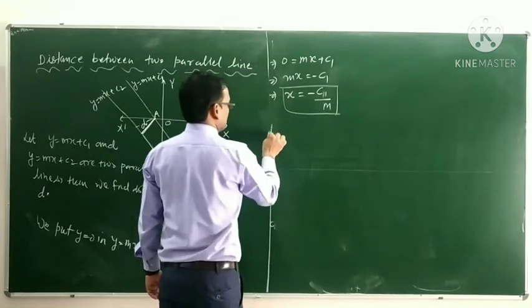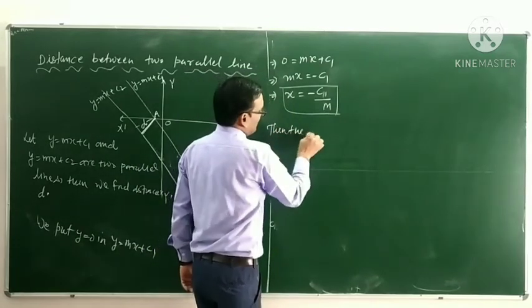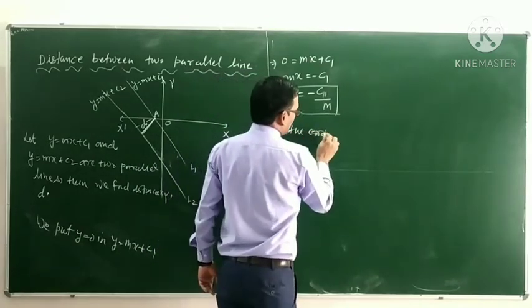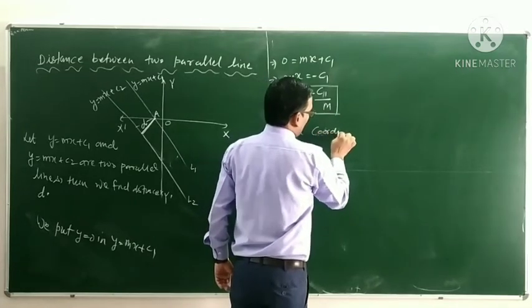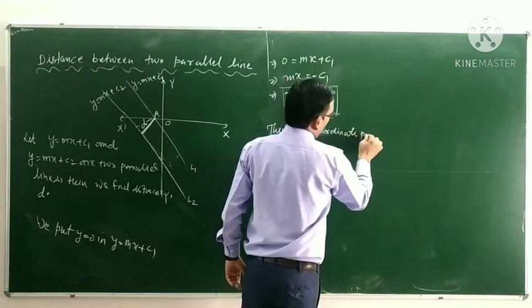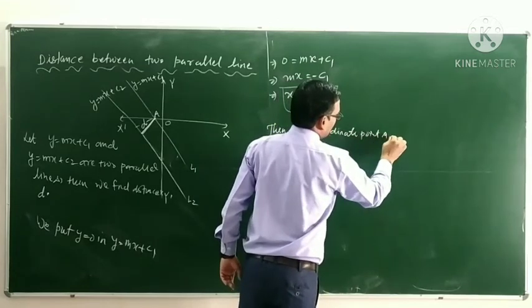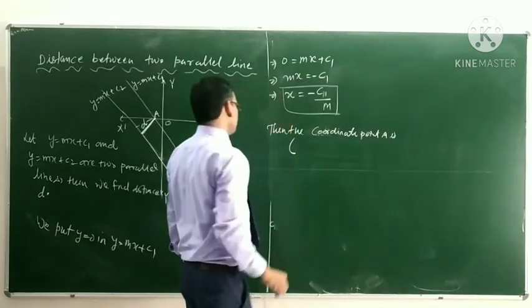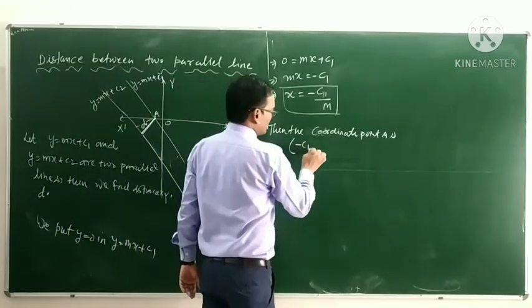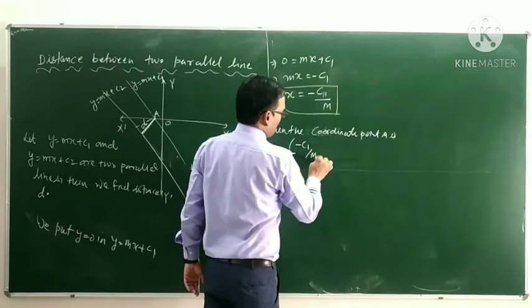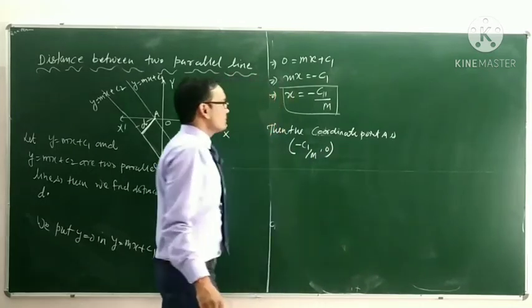Then the coordinate of point A is minus c1 upon m comma 0.